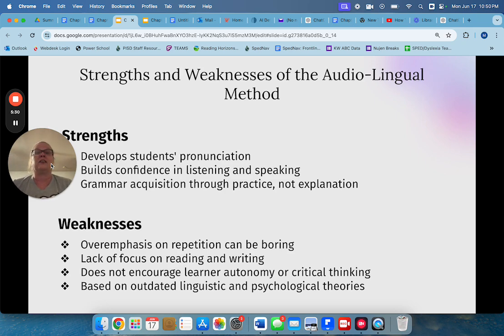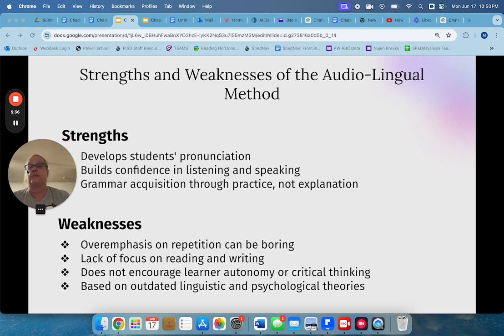With audiolingual, there are obviously strengths and weaknesses. One of the biggest strengths is that it develops the student's pronunciation very well. It allows them to build confidence in listening and speaking as they do these drills.